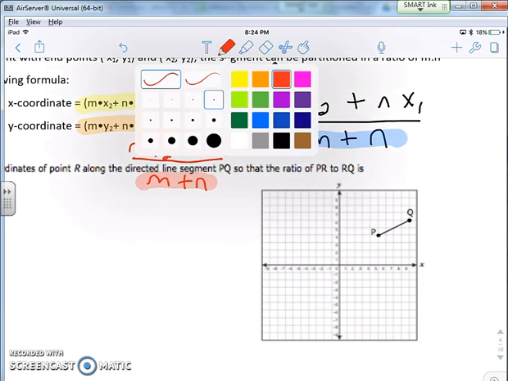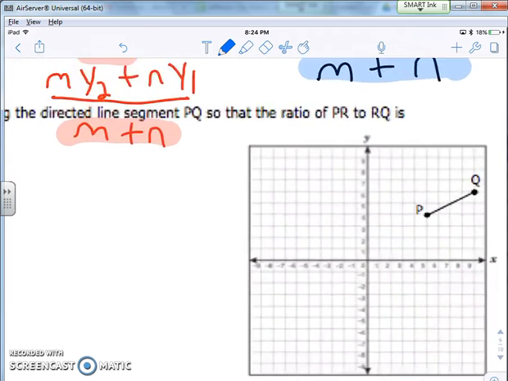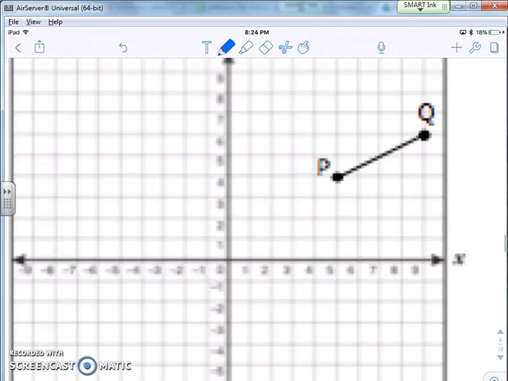Alright, let's look to see what we have here. Again, it's a little bit fuzzy. Let's zoom in and see if we can figure this out.